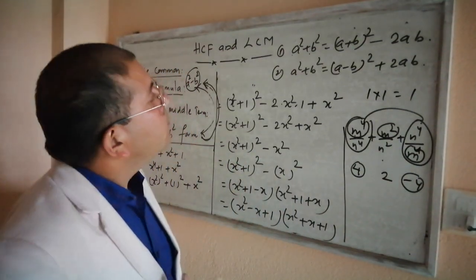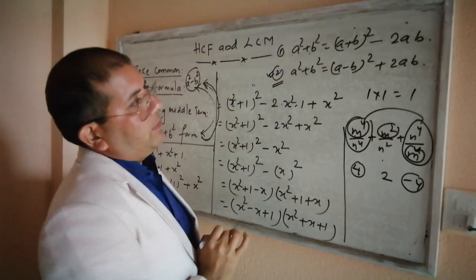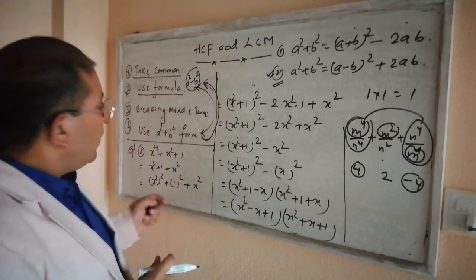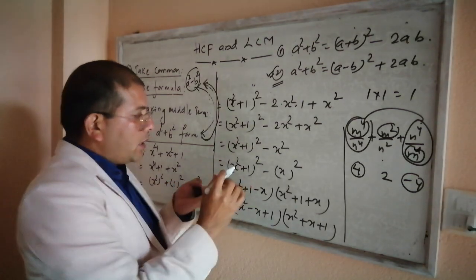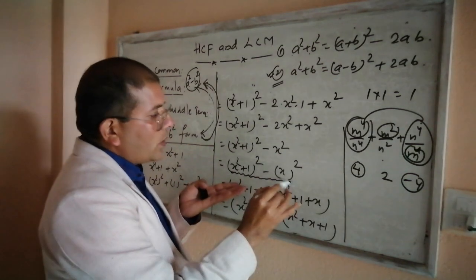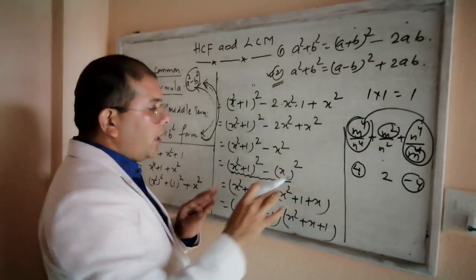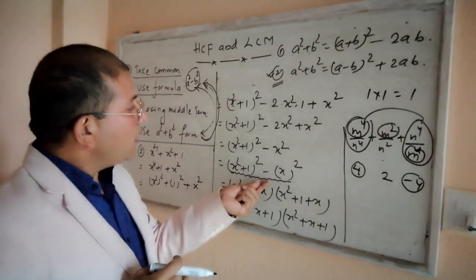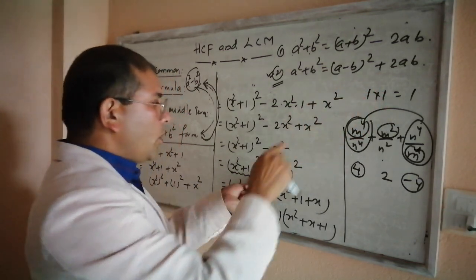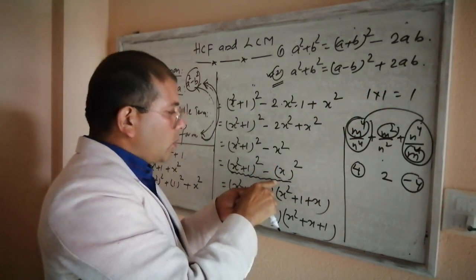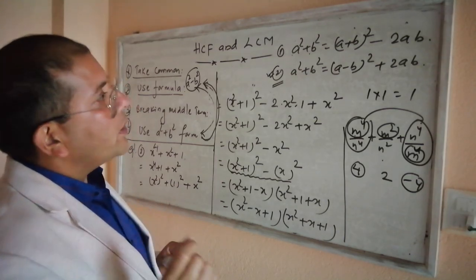And another thing, in which case you can use this formula. If you are doing your problem, you must get the form a square minus b square. If you do not get this form, then in some questions, if you use this formula, you will get it in the form of this one. It is slightly confusing, but don't be confused.